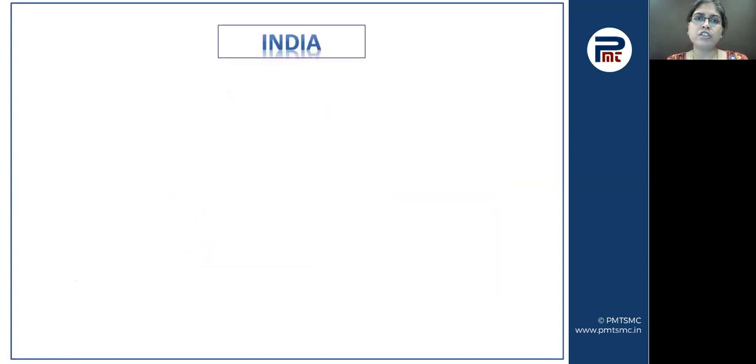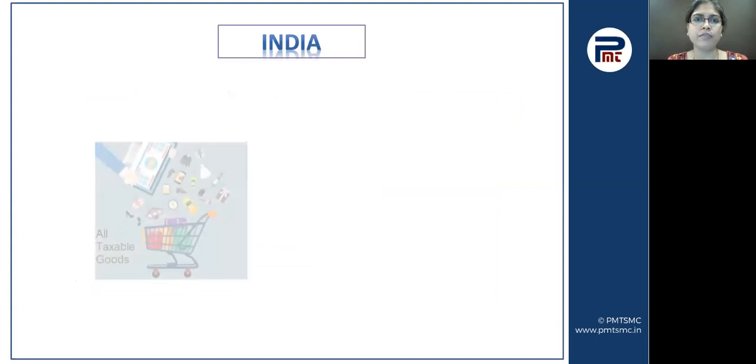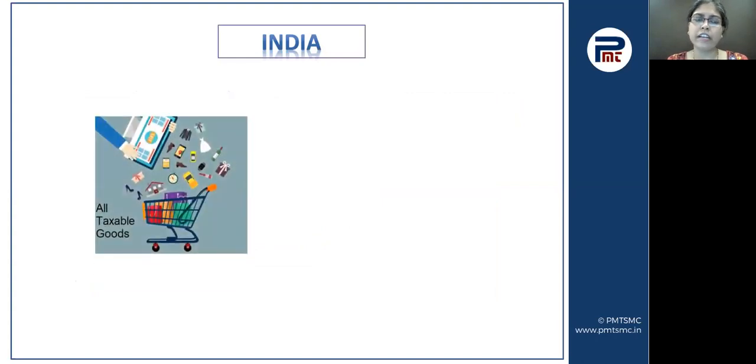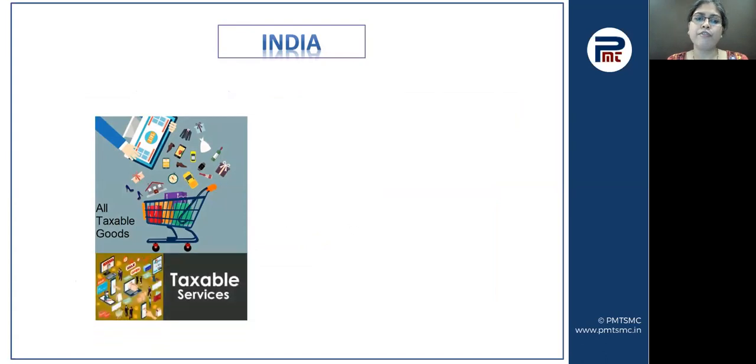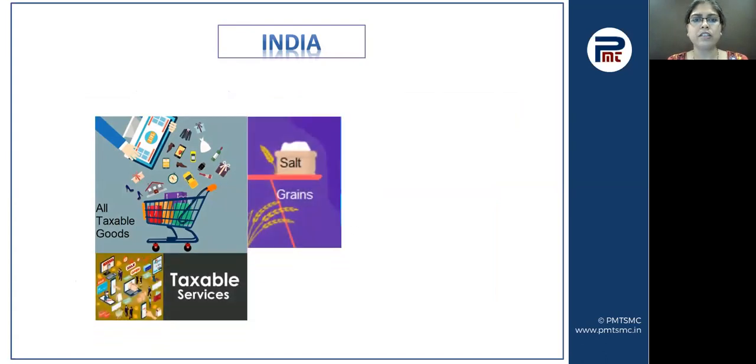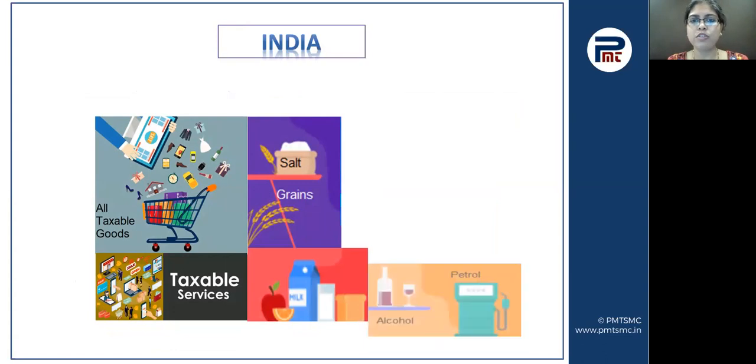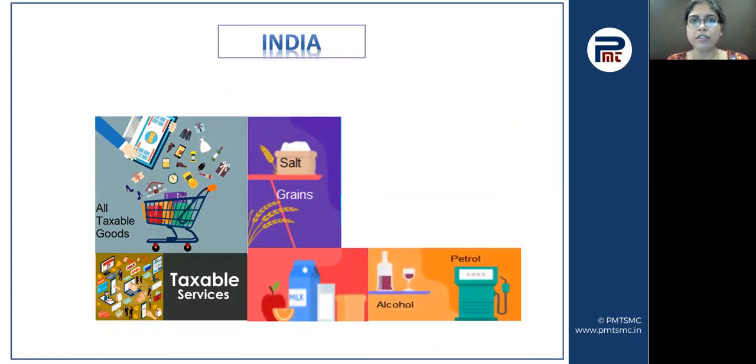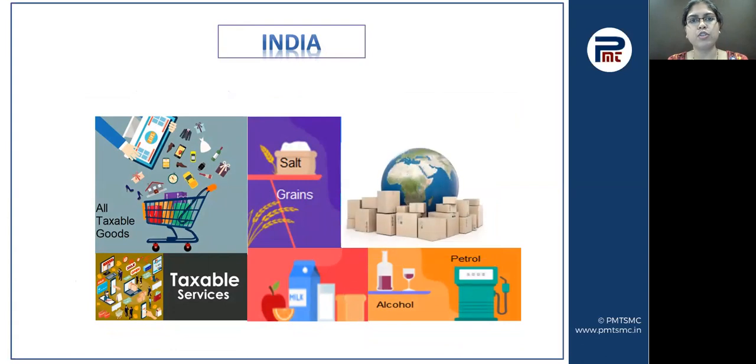Let's have a quick summary of what all it includes. It includes all taxable goods, value of all taxable services, then value of all nil rated goods and services, exempt goods or services, then non-taxable supplies and exports of goods and services.